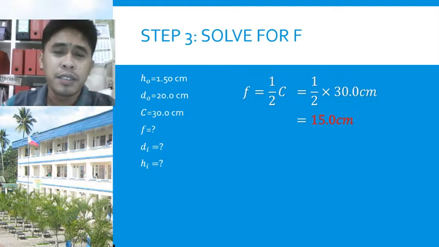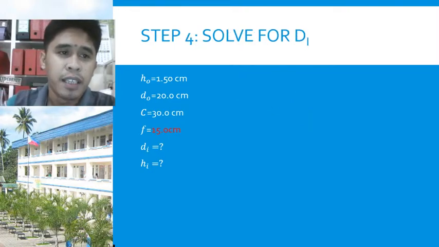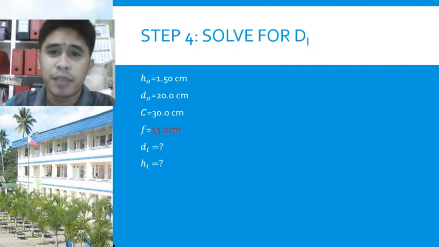Now, we shall use this value in the mirror equation to calculate d sub I, or the distance of the image. Using the mirror equation, we need to isolate the image distance from the rest of the variables.